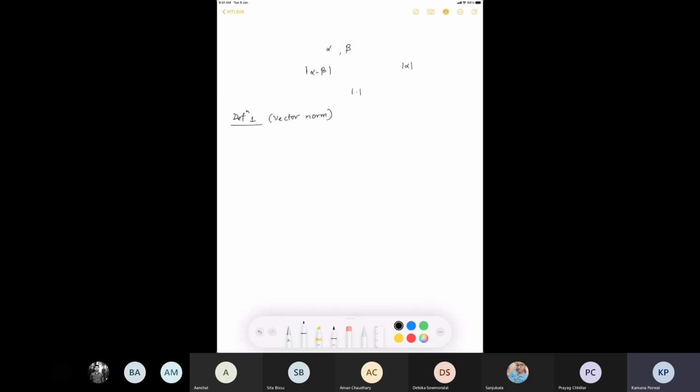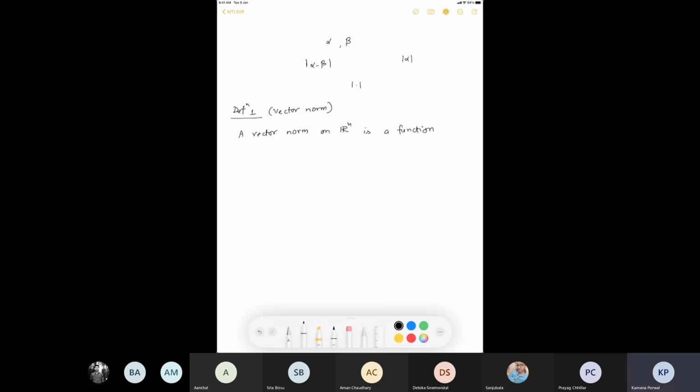Okay, so let's first see for the vectors, how did we understand this notion of the length? So what is a norm? A vector norm on Rn is a function.